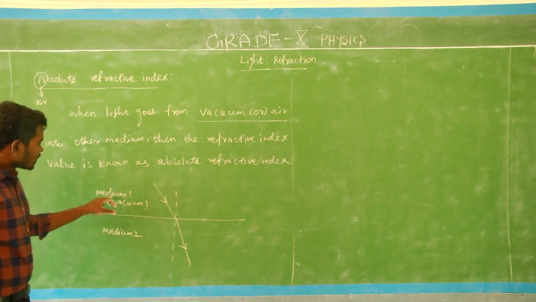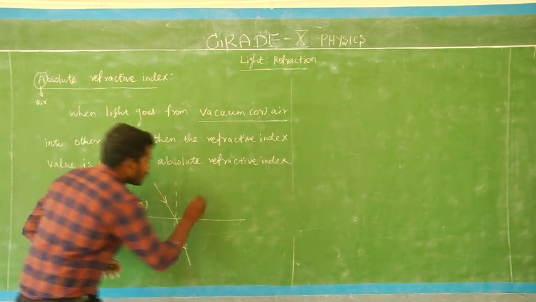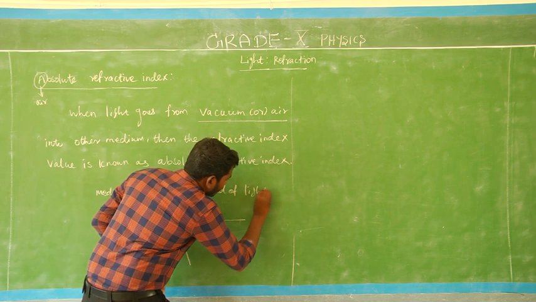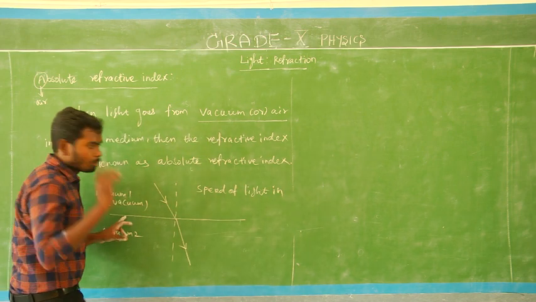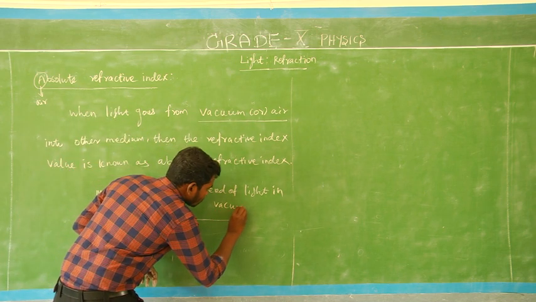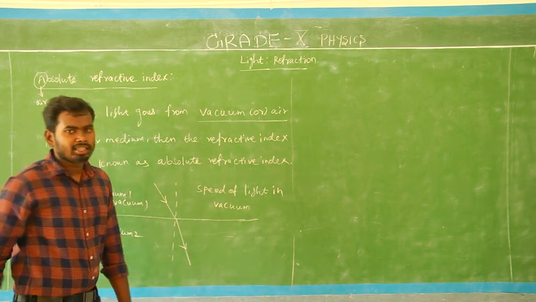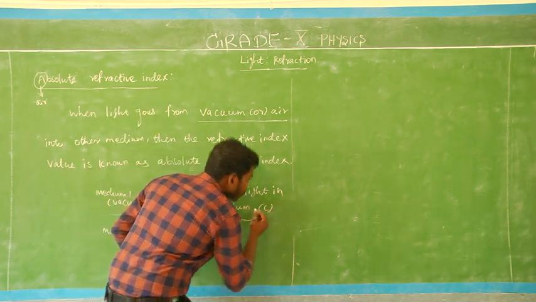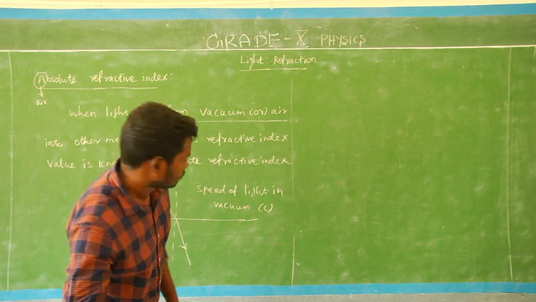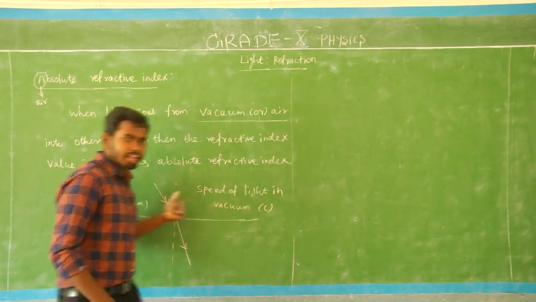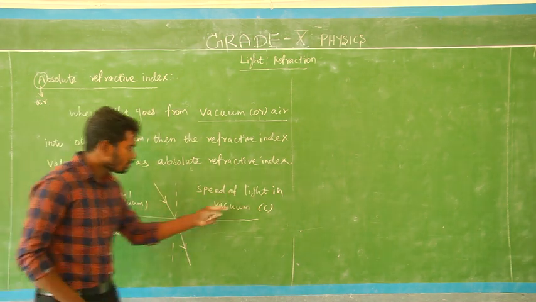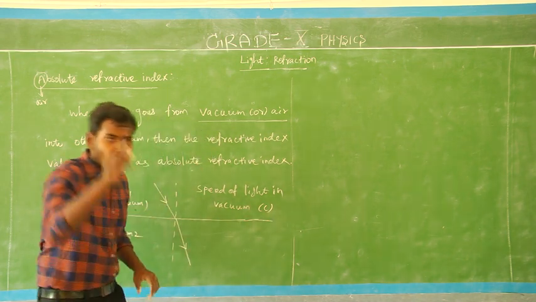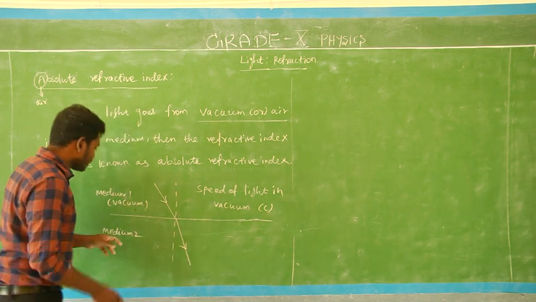The speed of light in vacuum, which means in medium 1, is denoted by the letter small c. Then this is medium 2.